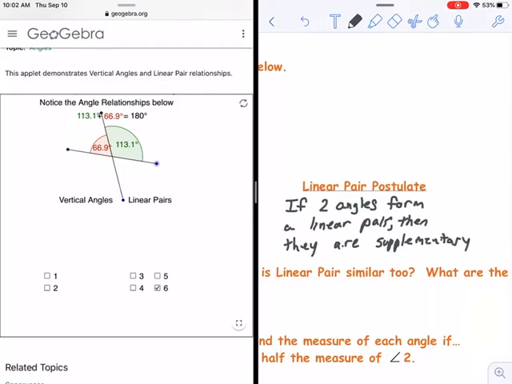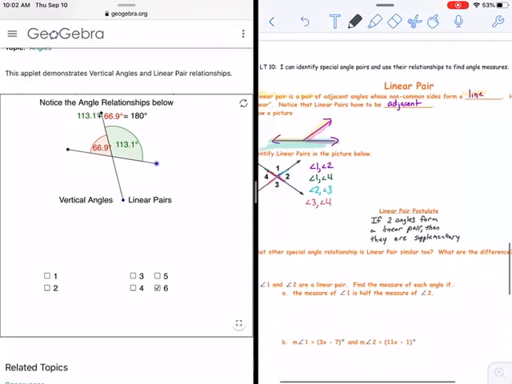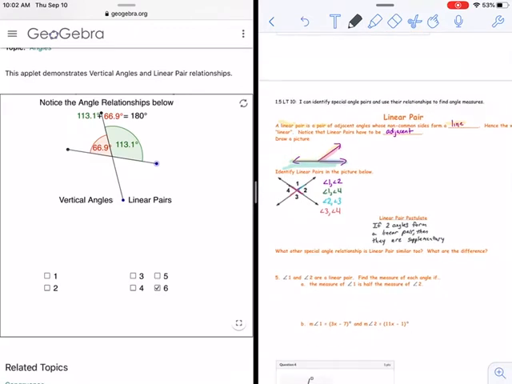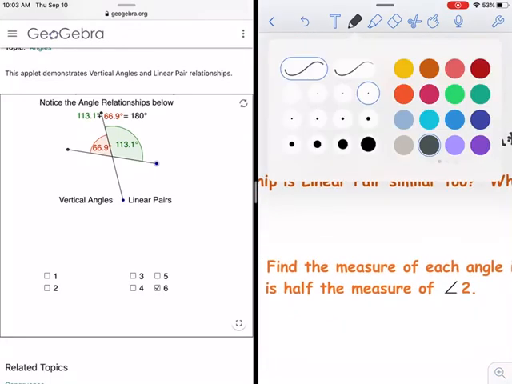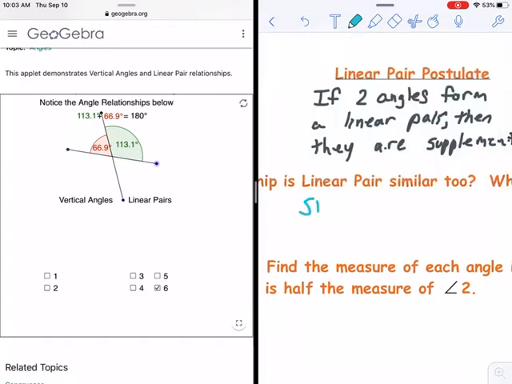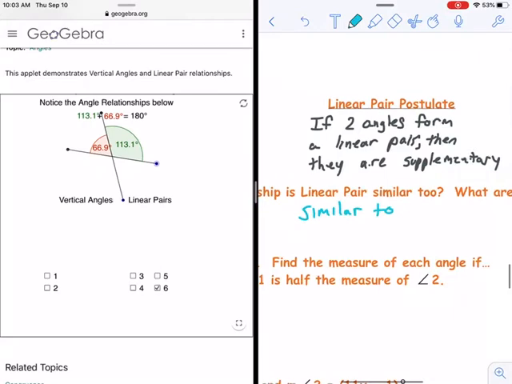Linear pairs are supplementary. All right, that's the punchline. And we have to know what supplementary means. You can't get it confused with anything else. You're not allowed. What other special angle relationship is linear pair similar to? It's similar to supplementary.